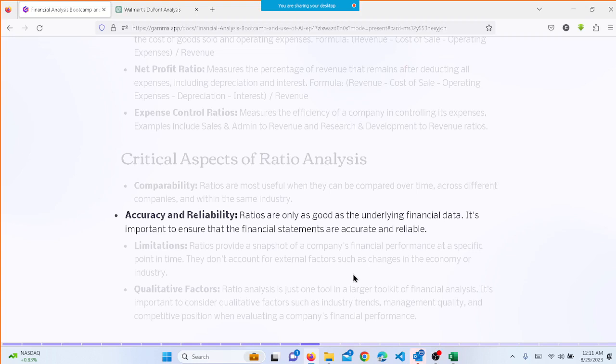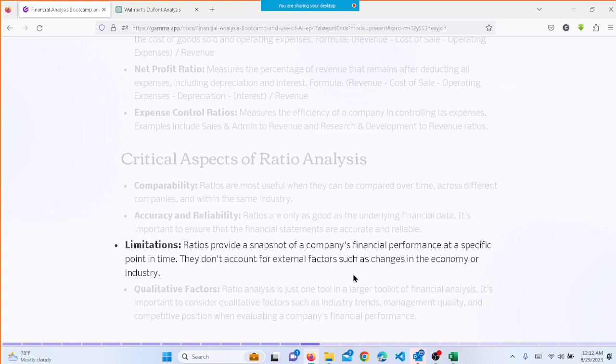So their cost of goods sold is not correct, and if cost of goods sold is not correct, your profitability ratio is also not correct. So the ratios are accurate only as long as the data is accurate. It depends on whether you're getting accurate financial statements or not, so you have to be careful about relying on the numbers blindly.